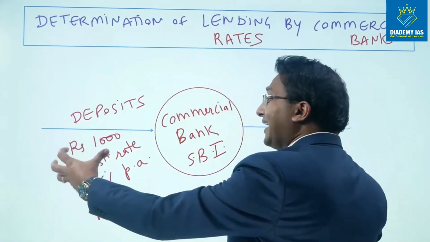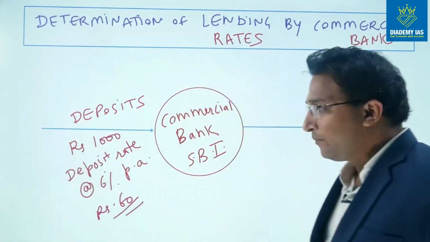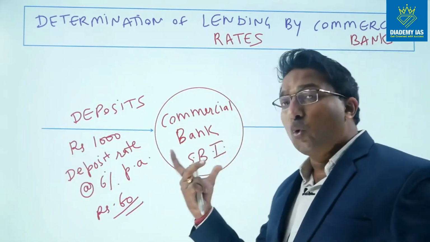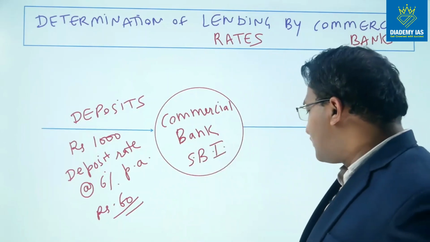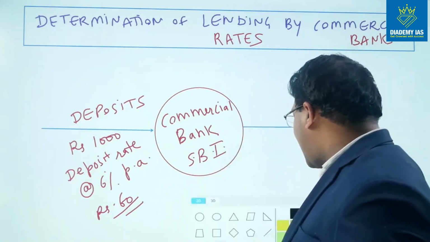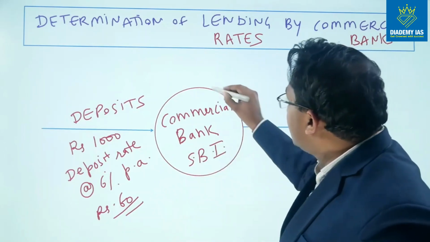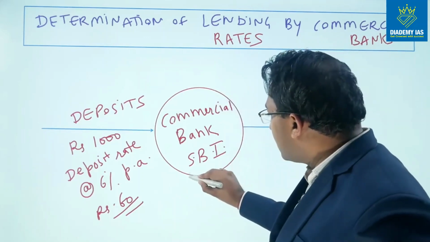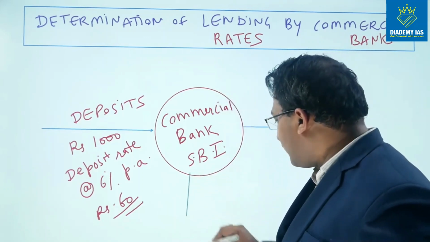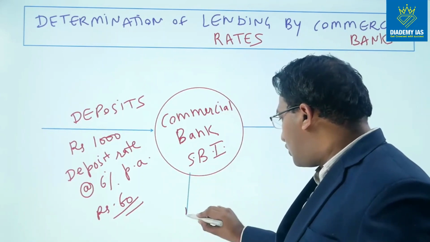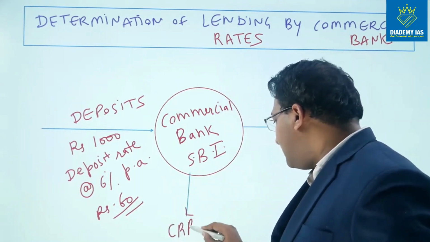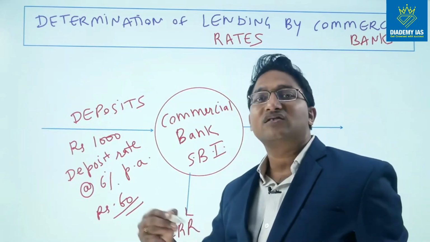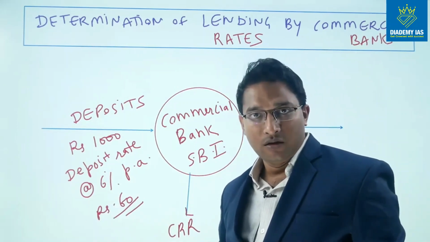Now, bank has received this 1000 rupees. Now, what to do with this 1000 rupees? Out of this 1000 rupees, the first thing that bank will do is that it will take out some of the money and keep that money with the RBI as a CRR, cash reserve ratio.